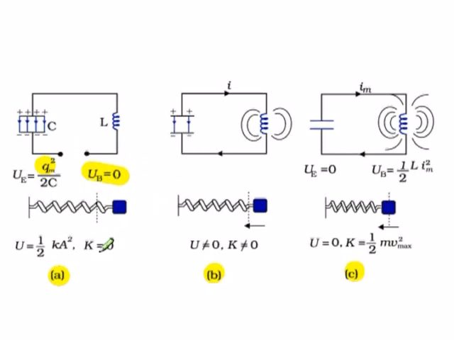Comparing this with a mechanical spring in harmonic oscillation, U, the potential energy of the spring, is half Ka square, where K is spring constant and A is amplitude of vibration. And kinetic energy, because it is at the extreme position, is 0. This corresponds to stage 1 of the tank circuit.